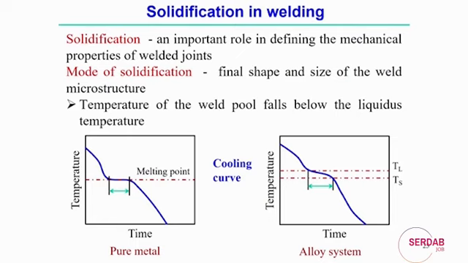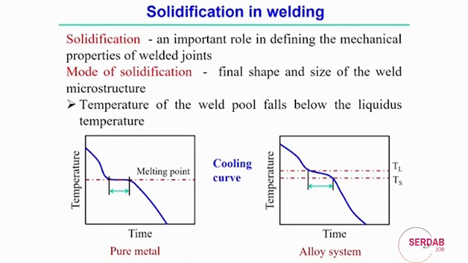The temperature of the weld pool comes down from the superheating temperature to the phase transformation temperature, basically the liquid to solid phase transformation temperature, and then gradually cools from that solidus temperature to the ambient temperature. Throughout this process, several phase transformations may occur, not only liquid to solid, but in the case of alloys a solid state phase transformation may also occur.